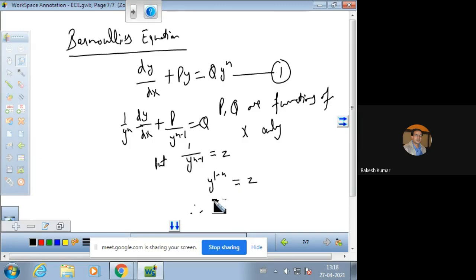Find out the derivative. So (1 minus n) y raised to power minus n dy by dx is equal to dz by dx.